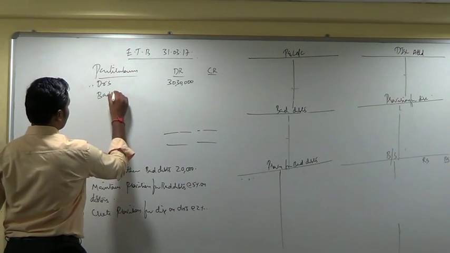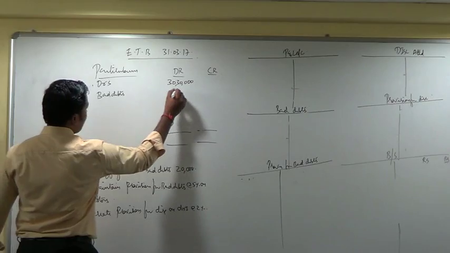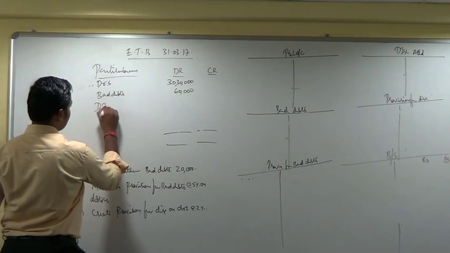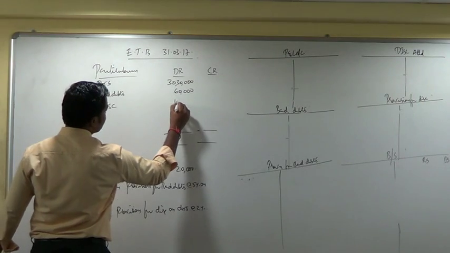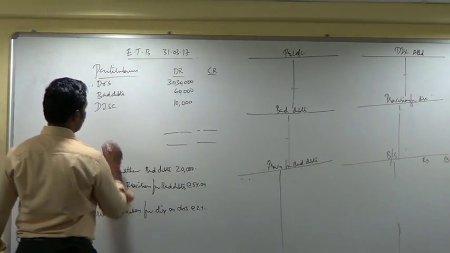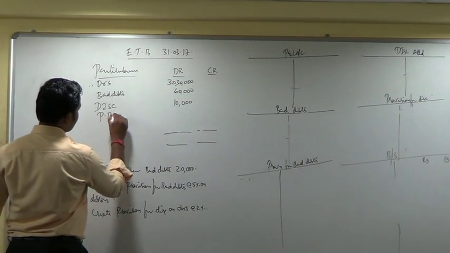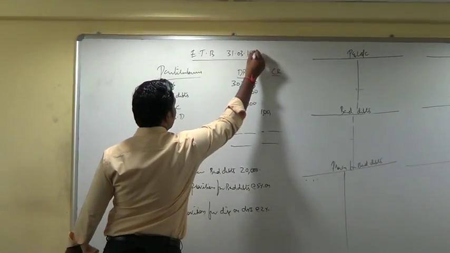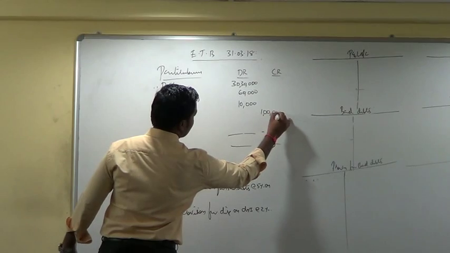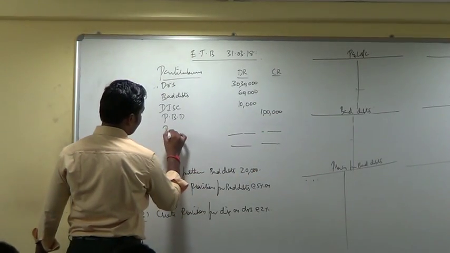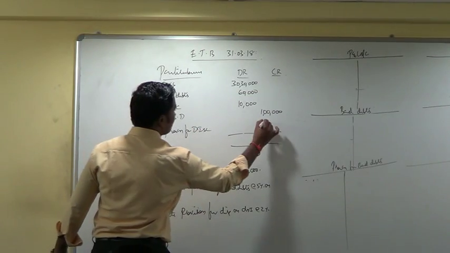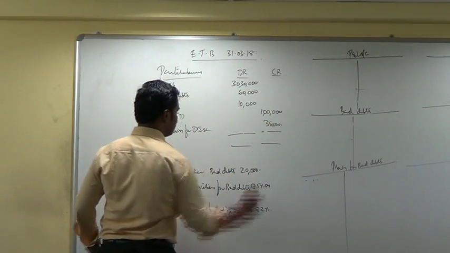Bad debts, debit balance 60,000. Discount, debit balance 10,000. Provision for bad debts, credit balance 1 lakh. Next year's trial balance, this is 1 lakh. Provision for discount 38,000.